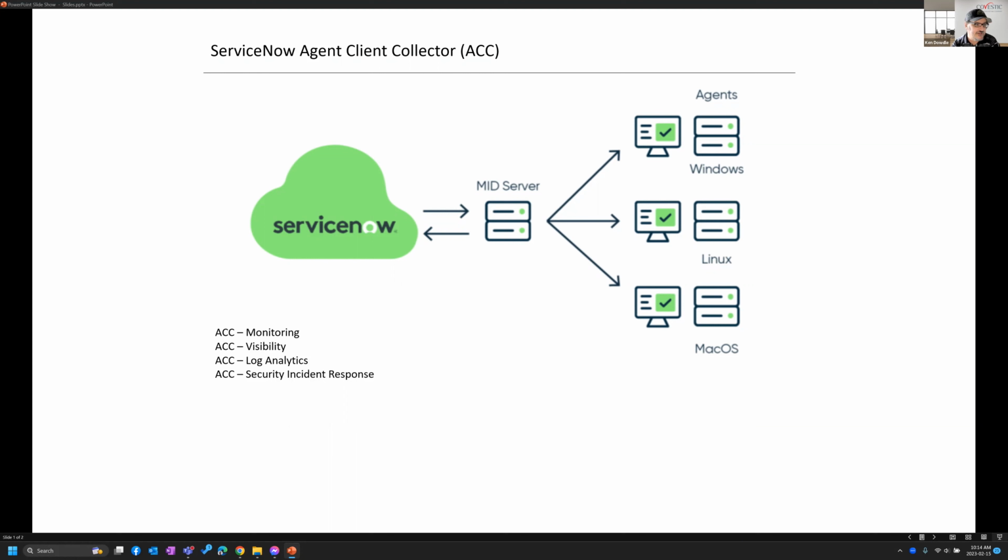Sometimes it's hard to reach endpoints, or even mobile endpoints in some cases, so ACC is really the solution to that. The Agent Client Collector is an agent installed on infrastructure components. It's built on the Sensu framework, so it's been around for a while, which enables you to adapt and extend monitoring checks.